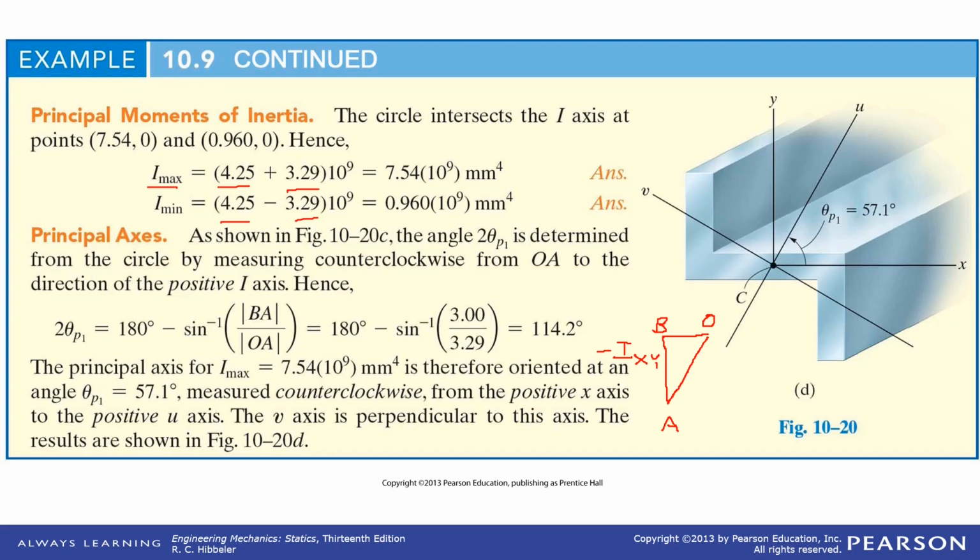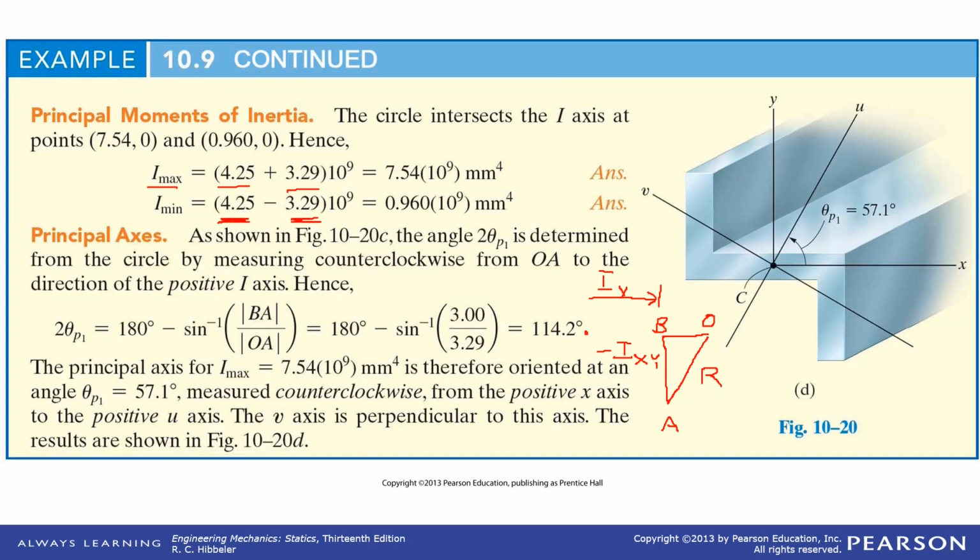In this case it is. This point right here, I don't remember if we used Ix or Iy. I think the book uses Ix as the distance from the origin to point B. And then this, of course, is the radius that we calculated. Radius, right there.